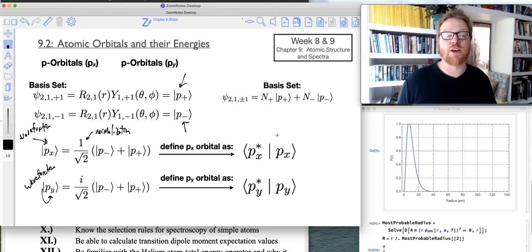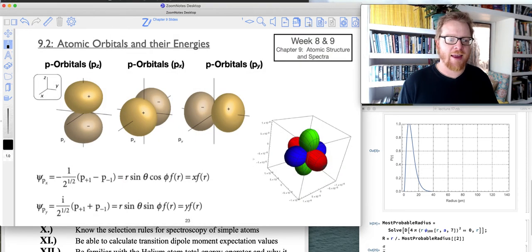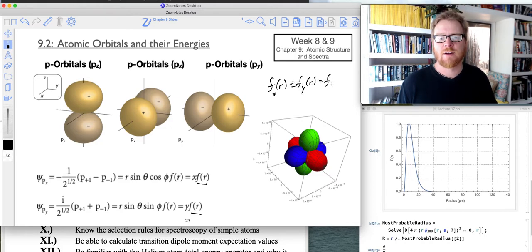And because we've now used this superposition, we've gotten around the uncertainty principle between the x and y dimension. When we finish that off, with more algebraic manipulation that I'm not going to go through, we end up getting this function f of r, which is the same for all three orbitals. f of r for x is the same function as f of r for y, and it's the same function for f of r of z.